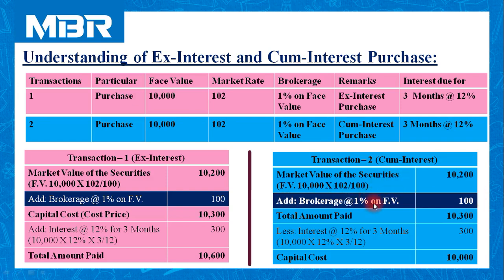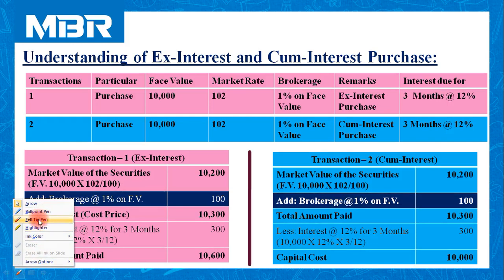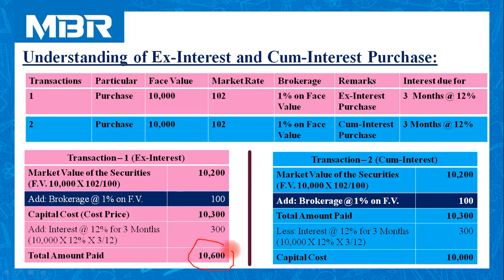Brokerage 1% on face value. Face value is rupees 10,000, so 1% equals to 100. So total amount paid is 10,300. You can check the difference in previous and this calculation. Check it. Here total amount paid is available to us at the end, and here total amount paid is available to us at this place.